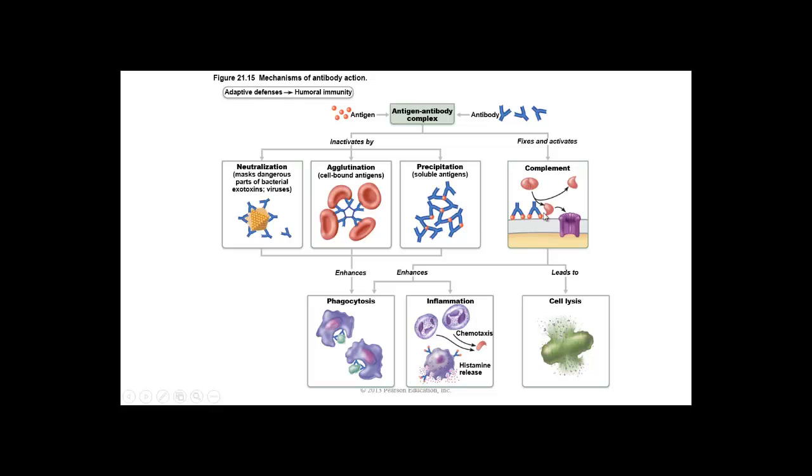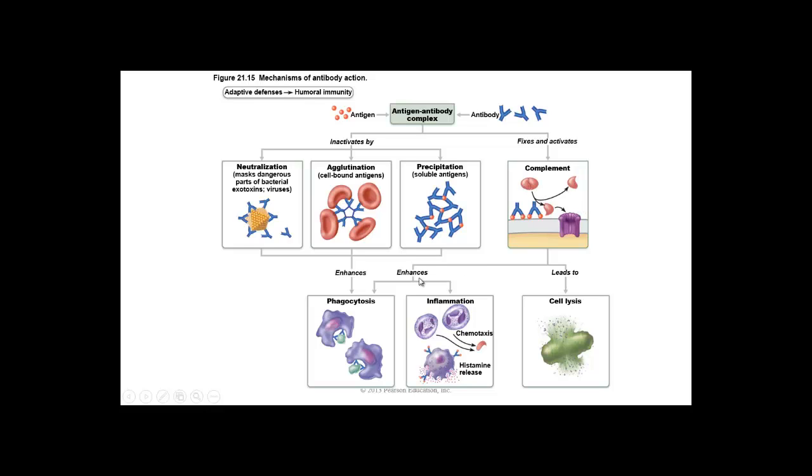Rather than being dissolved in the blood, they actually form these complexes which are visible in the blood. Or they activate a special protein called complement, which fights inflammation, and when antibodies bind, it helps to get complement activated.